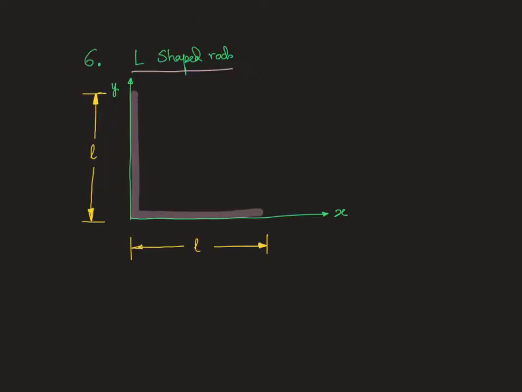So in this problem, you have to find the center of mass of the L-shaped rod as shown in the figure. Now, you see this, it can be split up into two rods, right? See, one rod parallel to the y-axis, another rod parallel to the x-axis like this.